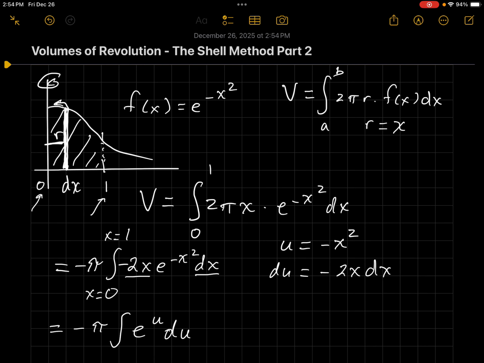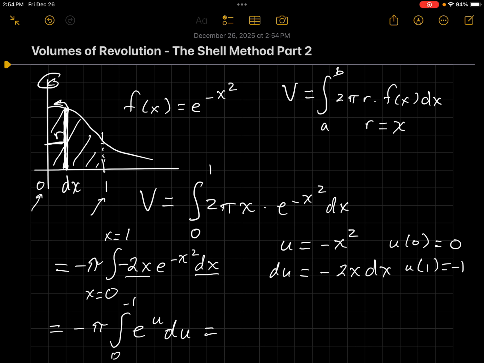So now I need to go from u equals to u equals. So if x equals 0, well, that's still 0. But when x equals 1, u is negative 1.